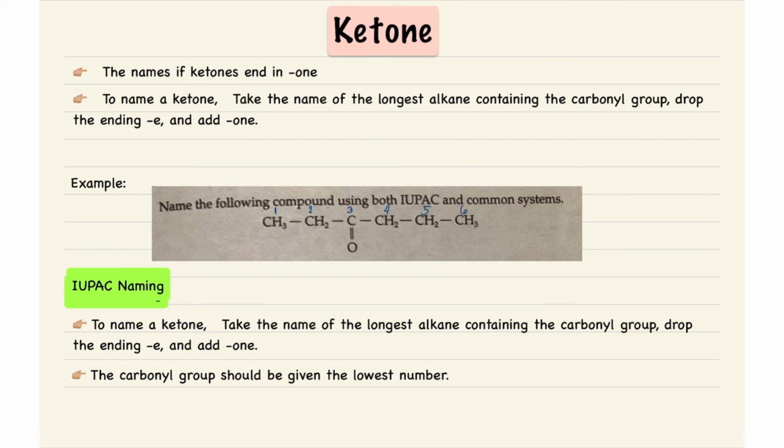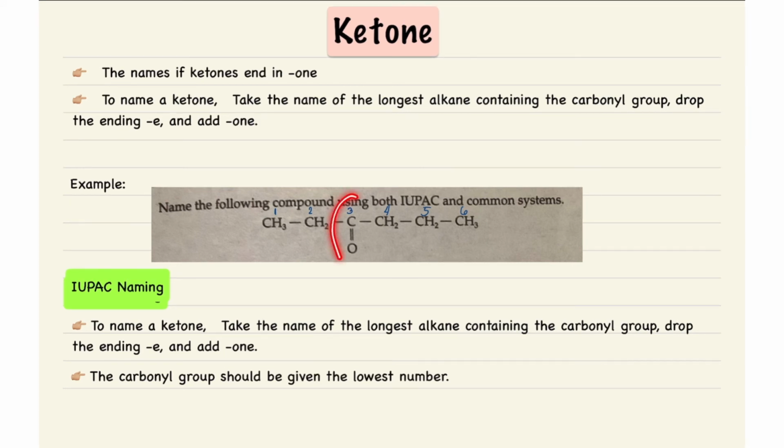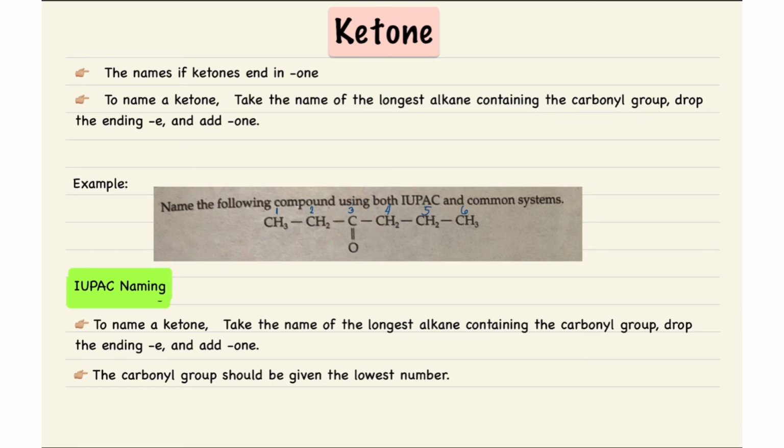Kasi kapag dito tayo sa kabila, dito sa right side, ibig sabihin, magbibigay yun sa atin ng mas malaking carbon number. Kasi sinabi dito, dapat yung functional group should have the smallest number. Okay, try natin kapag dito tayo sa right side. So, we have here 1, 2, 3, 4. So, kung i-compare mo 3 and 4, ibig sabihin, mas malapit dito sa left side.